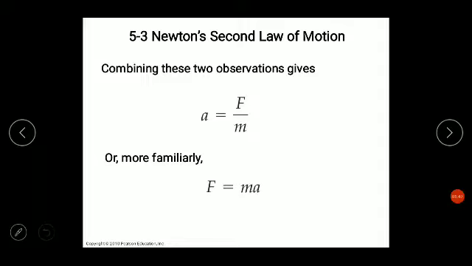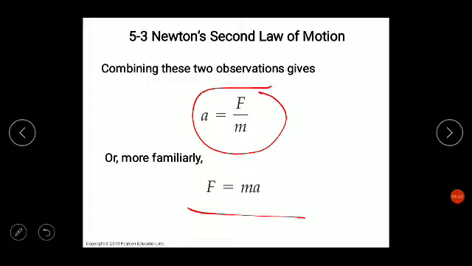So this is actually the original equation of the second law of motion, but we are more familiar with this equation, which is F is equal to ma. But if we are going to deal with the physicality of the equation, this should be the one. Why?